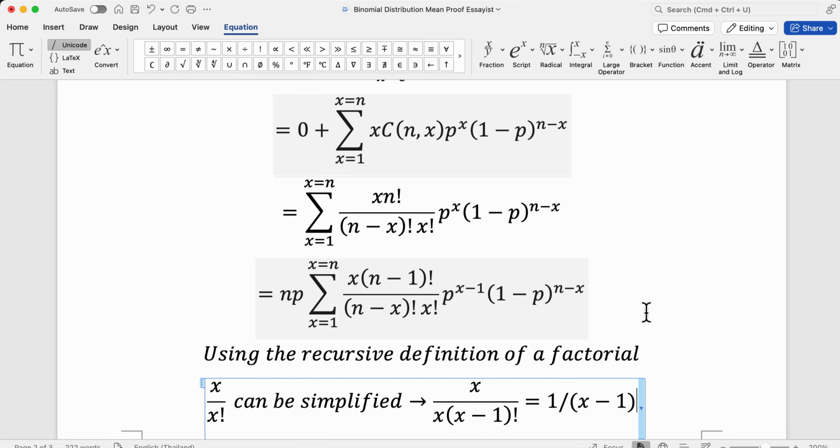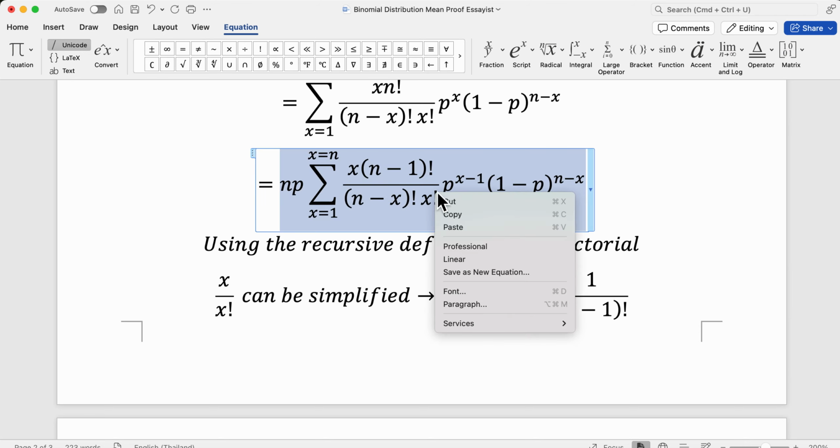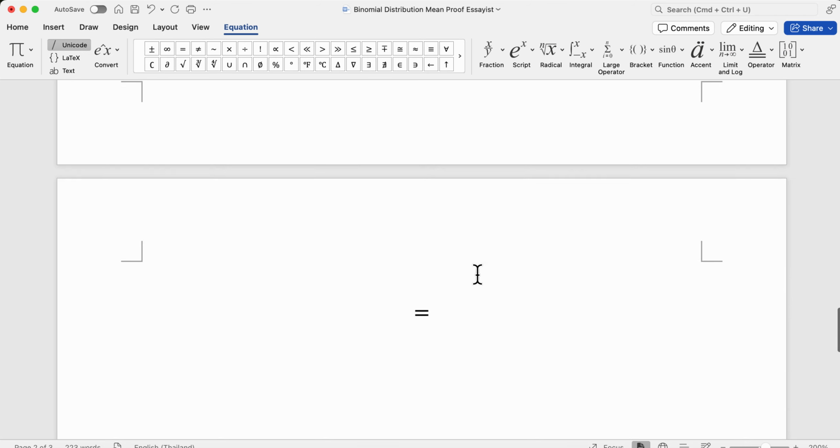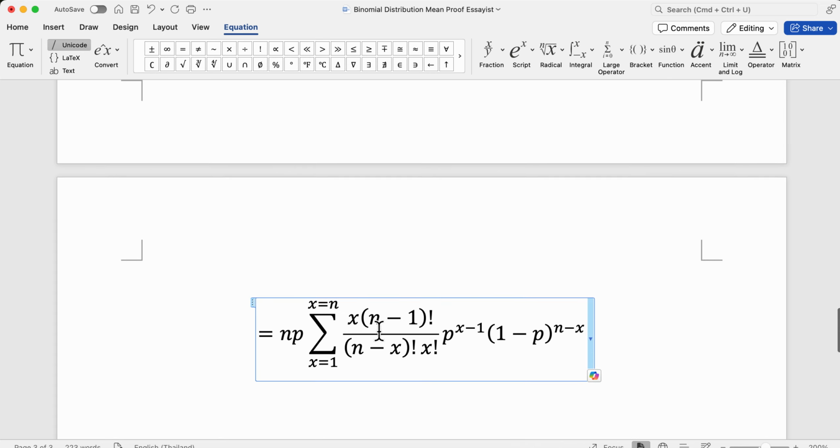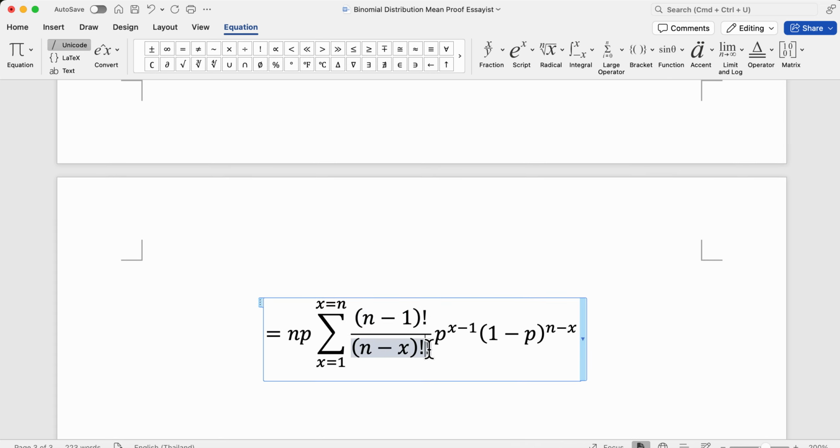So then we can get rid of this x here and replace this with x minus 1 factorial there. Very nice. And now this can be written into a nice form.